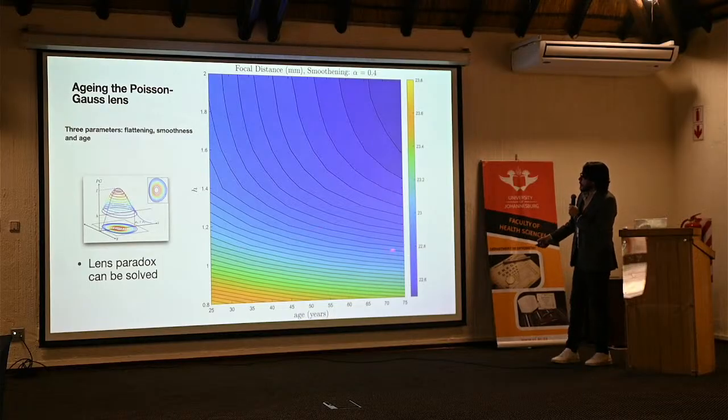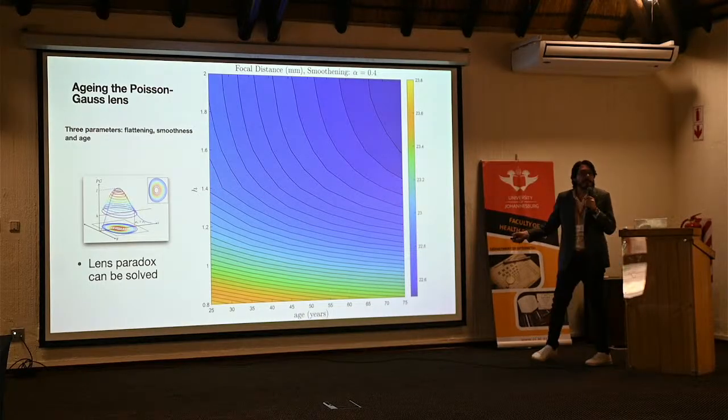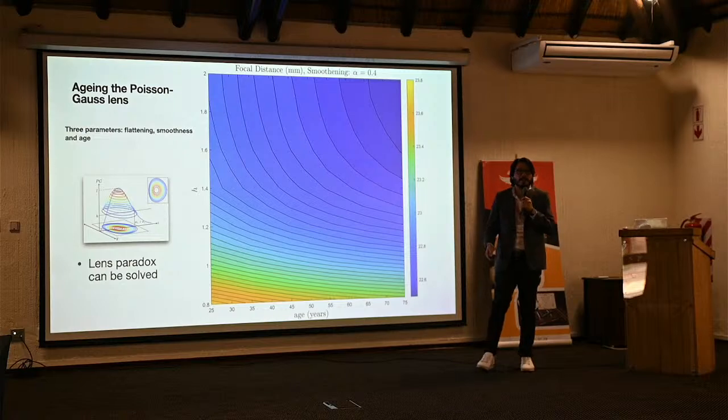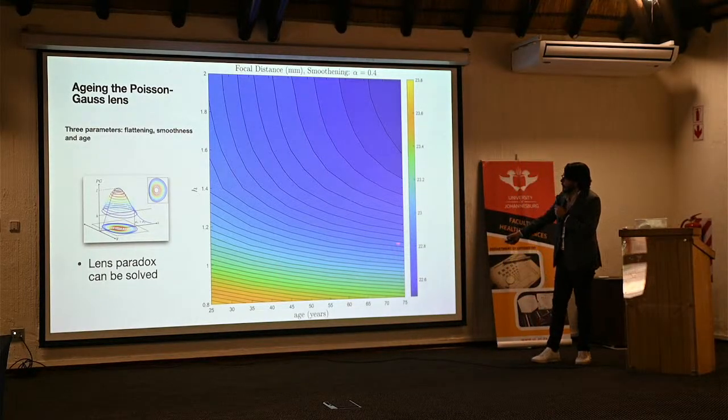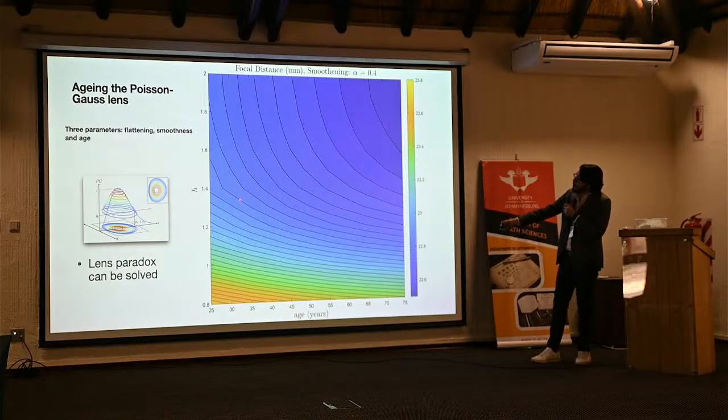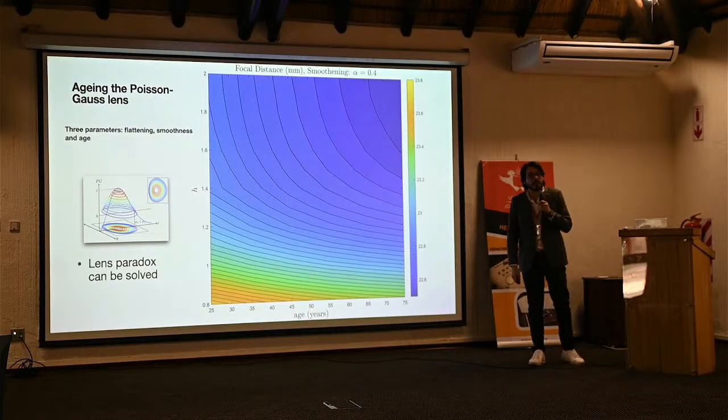And here we have what can be known as isofocal curves. That is, curves in which the focus is conserved. So this map tells us that, taking into account the scaling, if we take for each age these values of the flattening, we can go to an aged lens whose paraxial focus does not change.